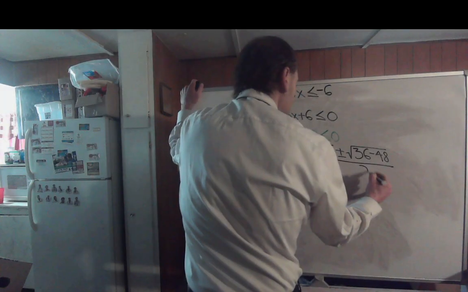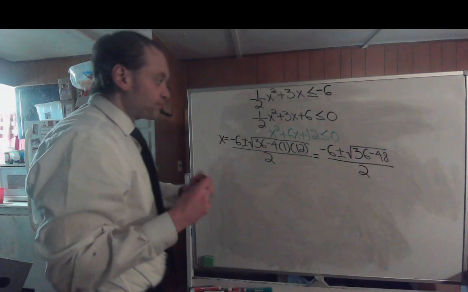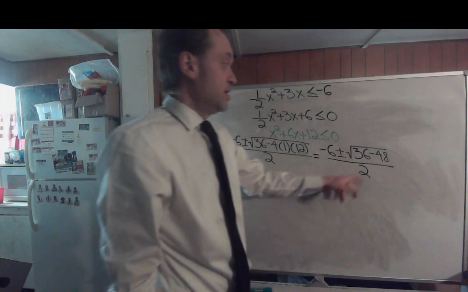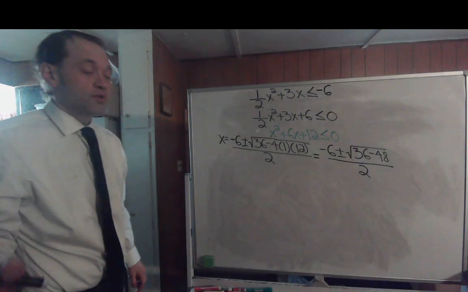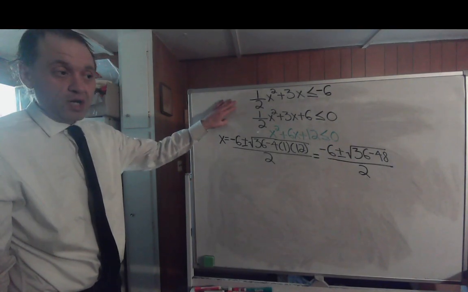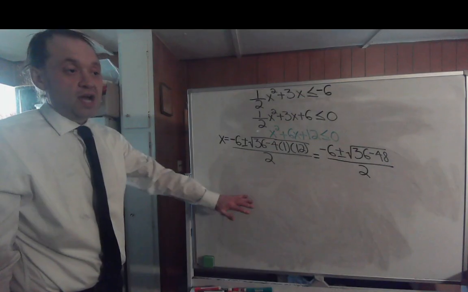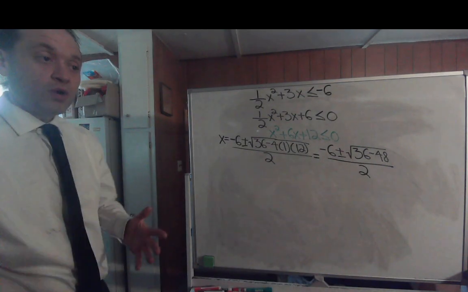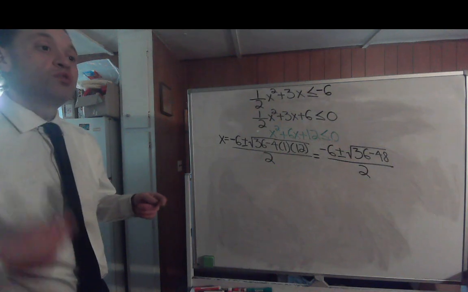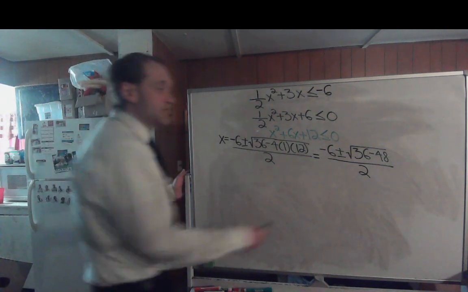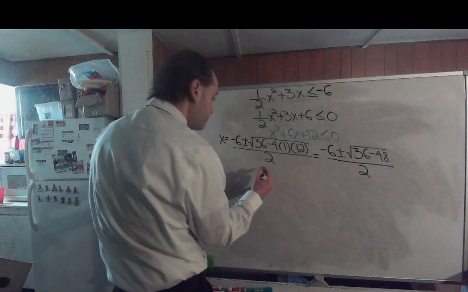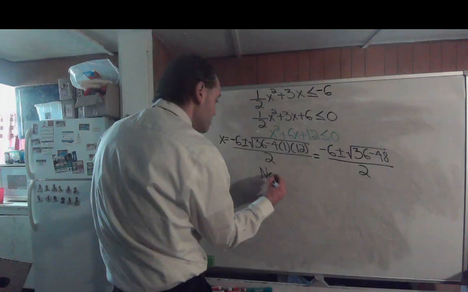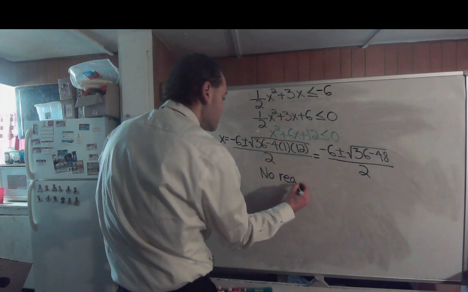All right, well, here's the thing. For inequalities, we're only concerned with real numbers. If this were an equality, we could not worry about it then. But with inequalities, we're only concerned with real numbers, because 36 minus 48 would give you negative 12. So in this case, you'll just say there's no real solution.